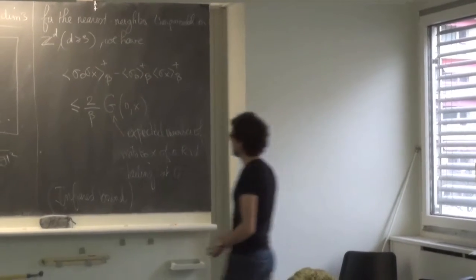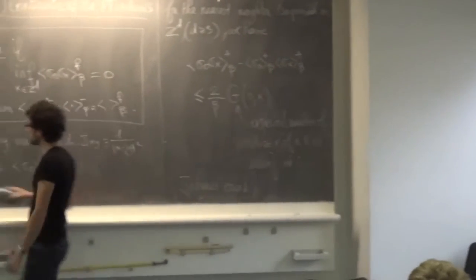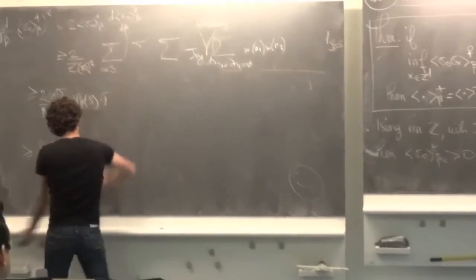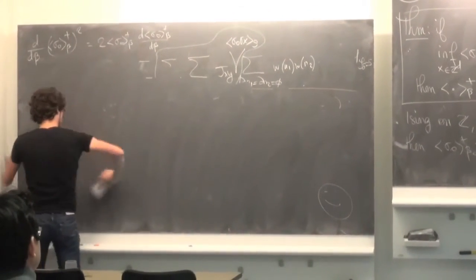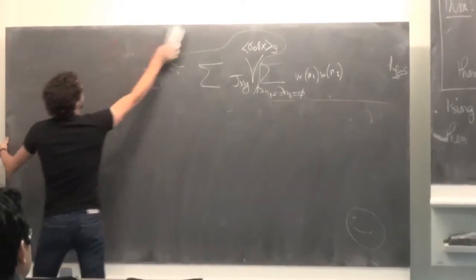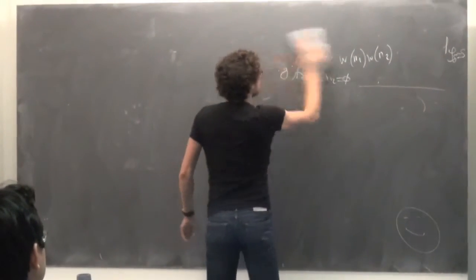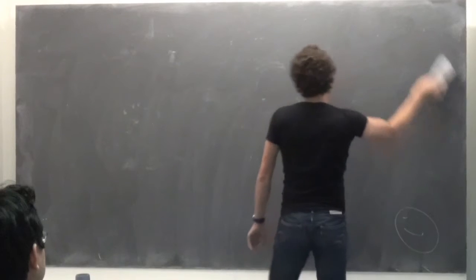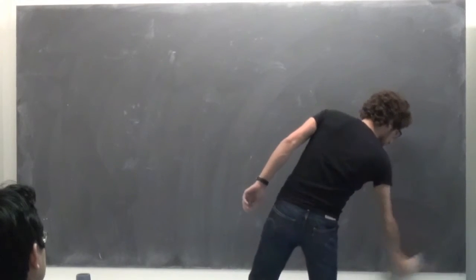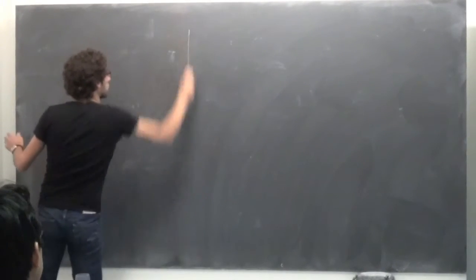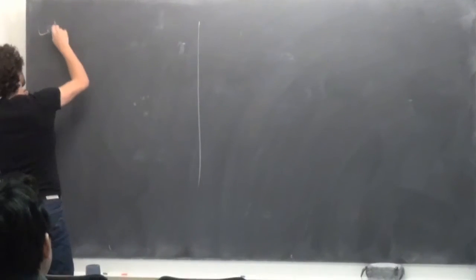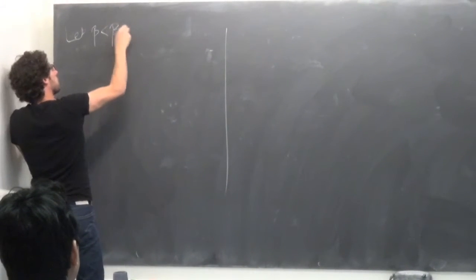And this infrared bound is therefore telling you, well, take beta smaller than beta critical. Let beta be smaller than beta critical.